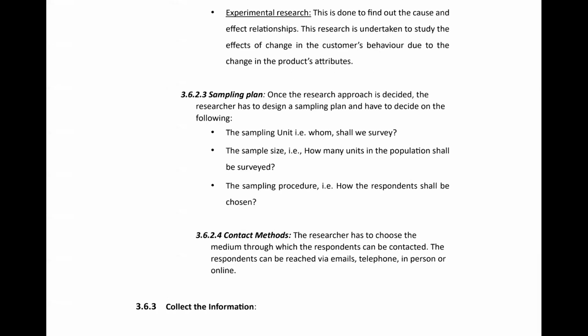Once the research approach is decided, the researcher has to design a sampling plan and decide on the following: the sampling unit, whom shall we survey; where are we going to sample from; and what will be the size of our sample, that is, how many people should be there? How many units in the population shall be surveyed? What's the sampling procedure, how shall the respondents be chosen? That plan is very, very important.